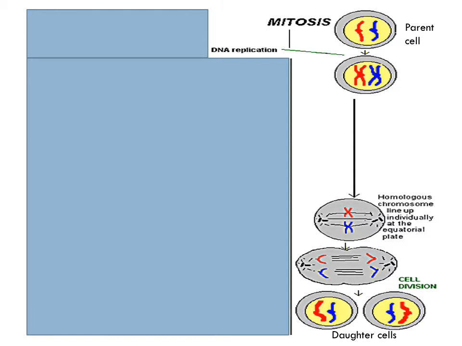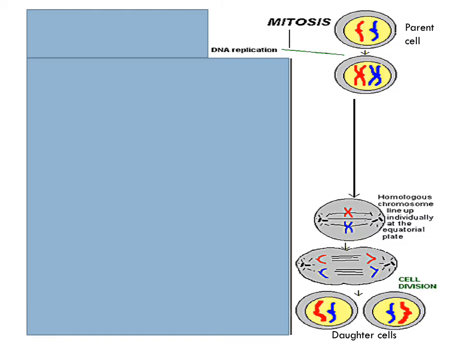This is just a way to explain how a cell will divide to make two cells that are an exact copy of the cell that we started with. Okay, so the daughter cells, as you notice, have the same number of chromosomes as the parent cell. So there's one of the red, one of the blue, just like the parent cell.